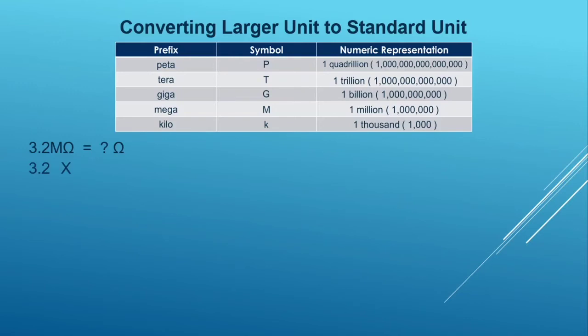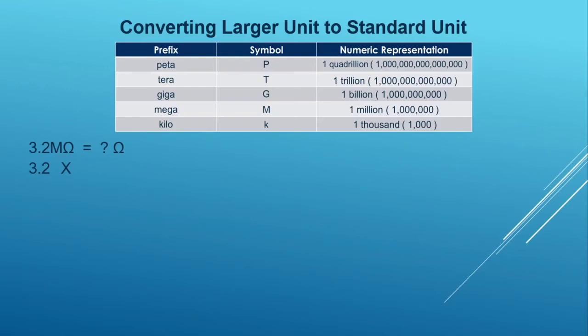In converting standard unit to a larger unit, you're going to divide the value by the numeric representation, but in converting larger unit to a standard unit, you're going to multiply the value by the numeric representation of the prefix.